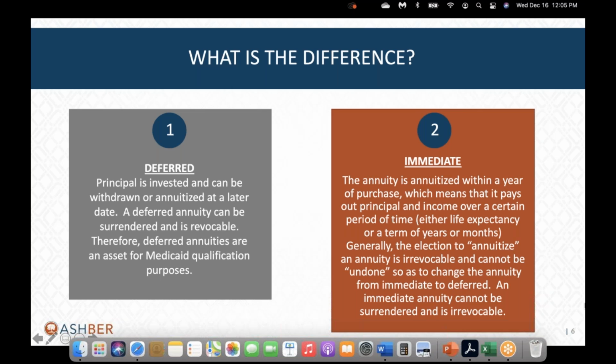What that really means is that if I were to purchase an immediate annuity today on December 16th of 2020, the first payment from that immediate annuity must be made no later than December of 2021. So once we make that election to annuitize, it's strictly an income stream and is not a lump sum of cash anymore like we would be dealing with a deferred annuity.